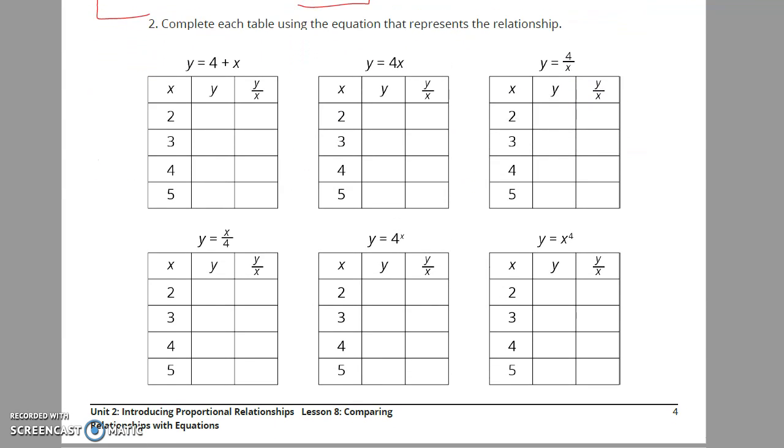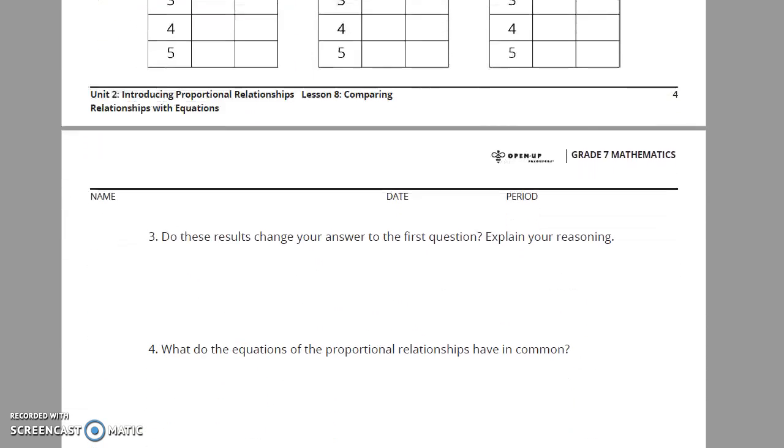Please remember, you are going to plug X in right here to get Y. In this column, you are dividing Y, this column, by X, this column, okay? Don't overthink it. Please work through and solve each one of these tables. When you are done, hit unpause.